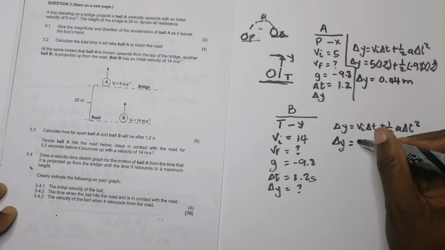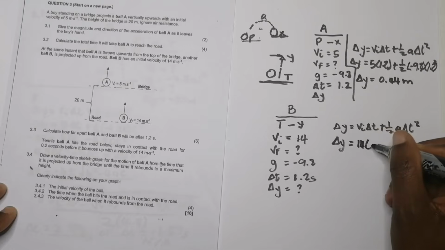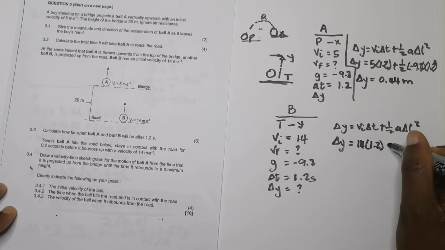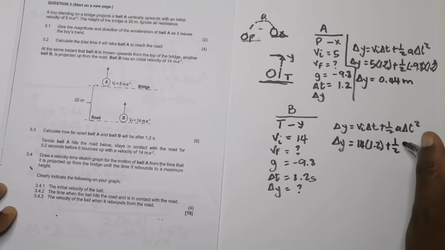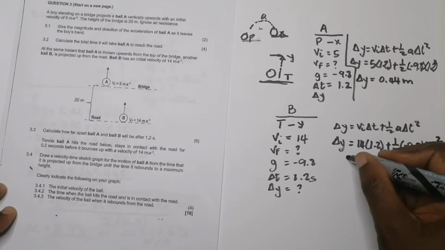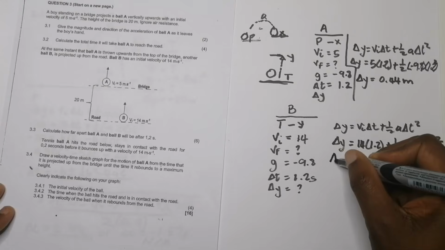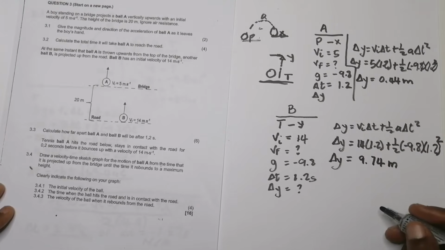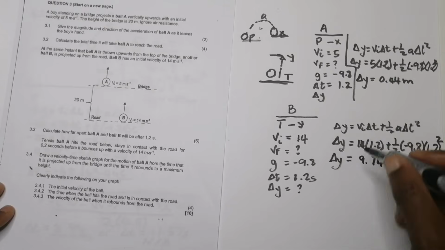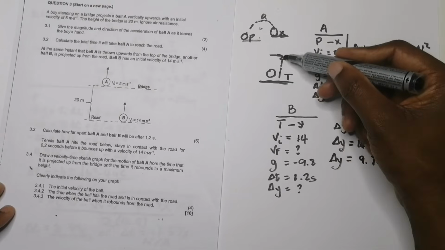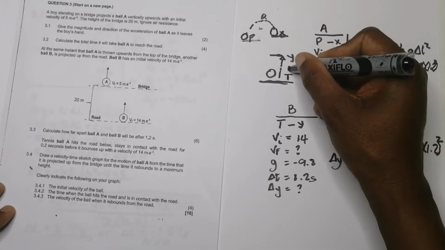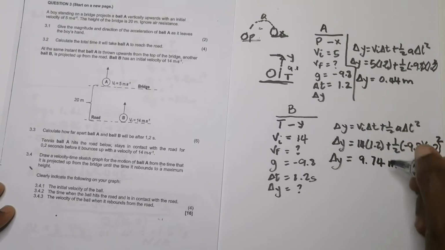This is my initial velocity, 14 times 1.2, plus 1 over 2, a is minus 9.8, into 1.2, remember this is squared. And what do we get? 9.74 meters. So ball B was also displaced upwards by 9.74 meters.